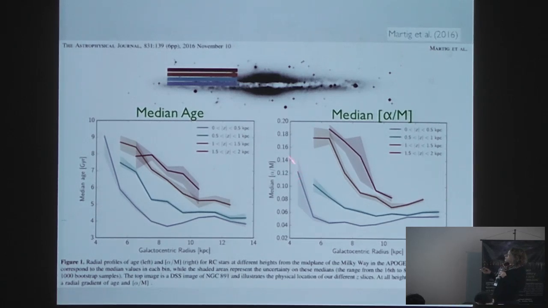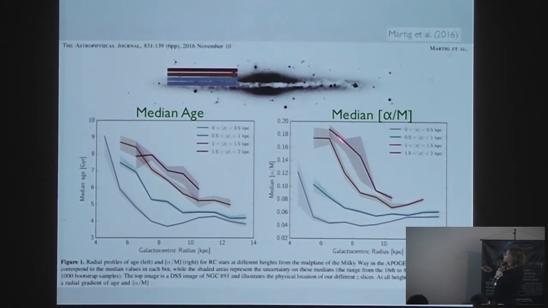And we see that in the plane, stars that are close to the center, so at 4 or 5 kiloparsec here, had a fast star formation rate, but very soon they have a very slow star formation rate, okay, because they have low alpha. Instead, when you move up from the plane, all the stars that you find there formed very quickly because they have high alpha.